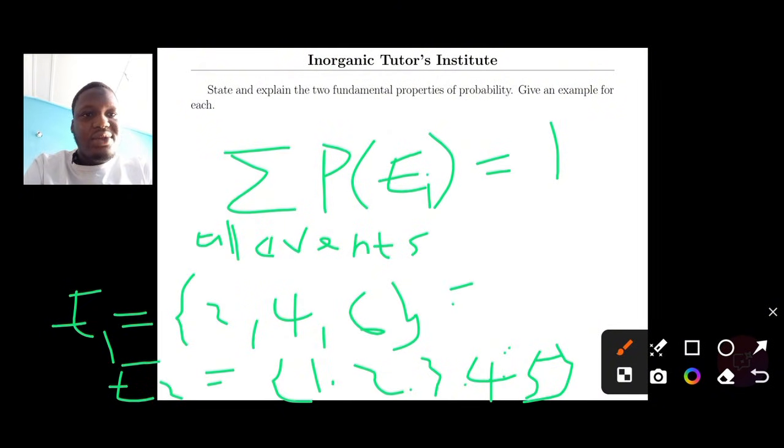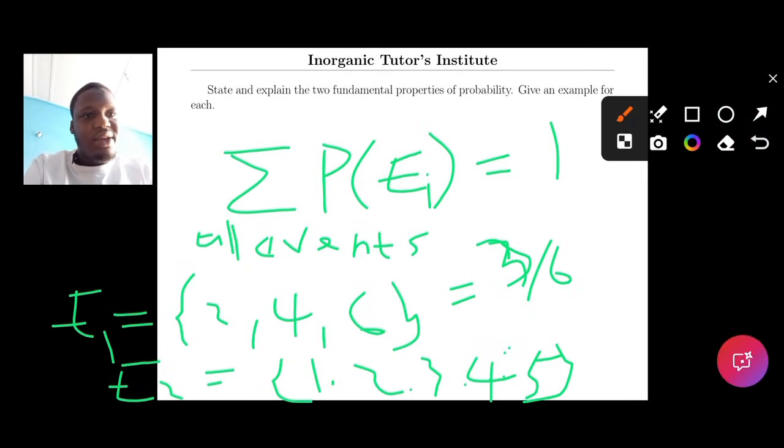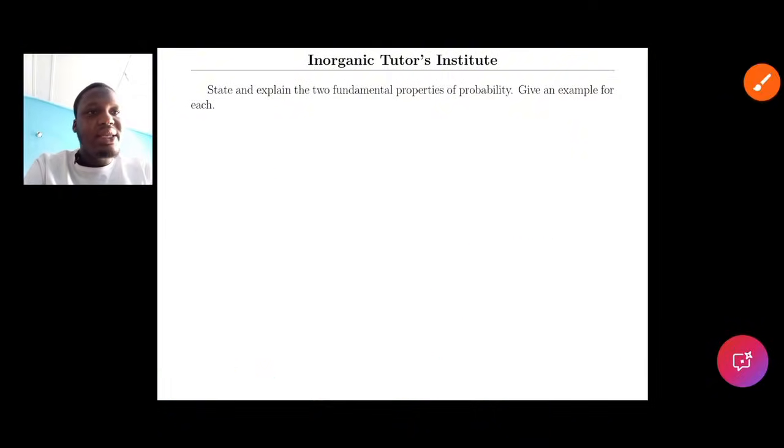Remember, the first event will give us a probability of 3 out of 6. And the second one will give us 5 out of 6, because there are 5 outcomes. Now when you sum 3/6 and 5/6, you get 8/6, which is more than 1. So it's incorrect to say that the sum of all events should give us 1.